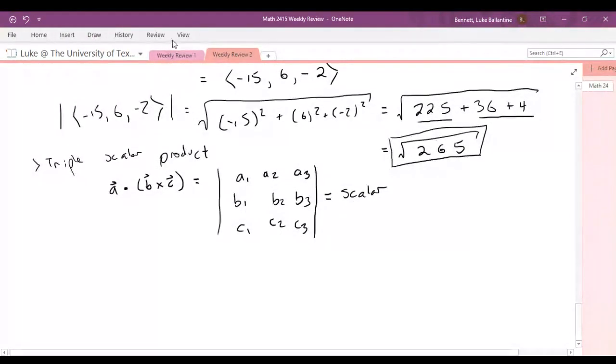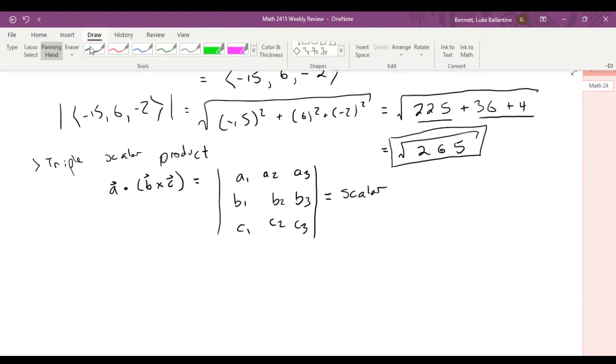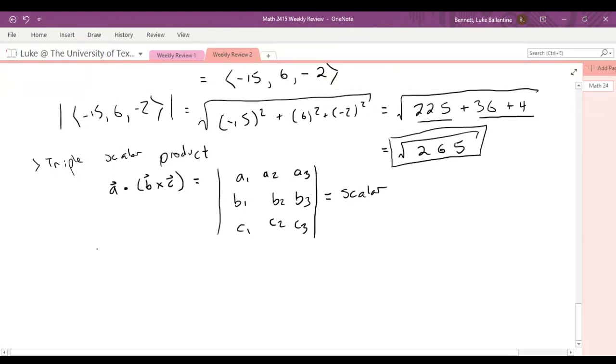All right. Given three vectors, the triple scalar product also finds the volume of a parallelepiped, a parallelepiped being a 3D parallelogram.